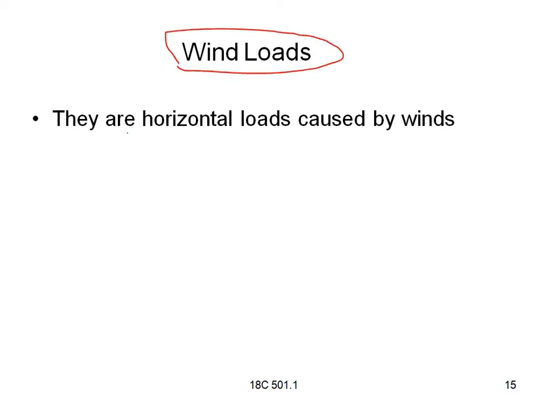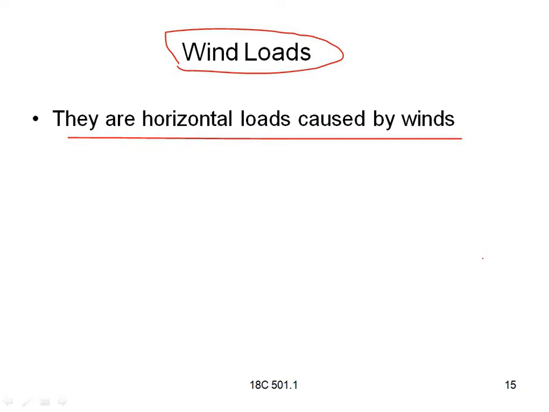The next one is wind loads. They are horizontal loads caused by winds. Everyone knows the wind is generally normal, but sometimes in rainy seasons or other climates it will be very strong.